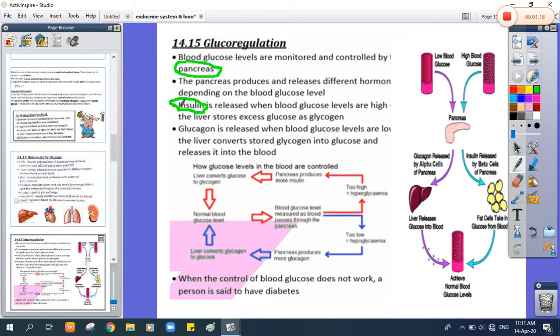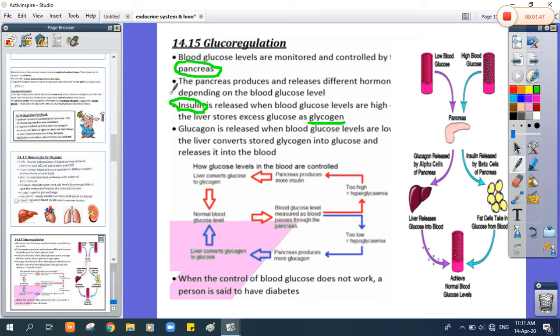How? Because when you have a high glucose level inside your blood, the insulin converts this glucose into glycogen, and the glycogen is stored in the liver. So again, the insulin stimulates the reduction of glucose.